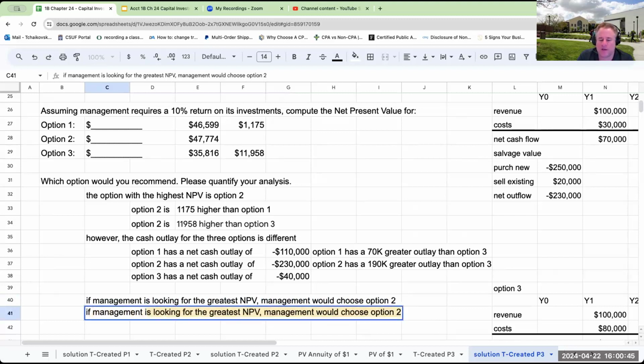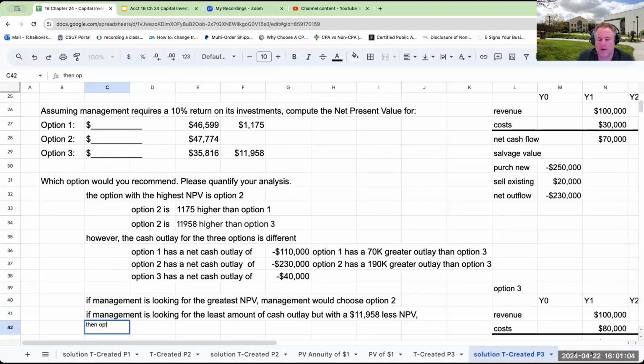If management is looking for the least amount of cash outlay, but with 11,958 less net present value, then option three, leasing, would be the best option.